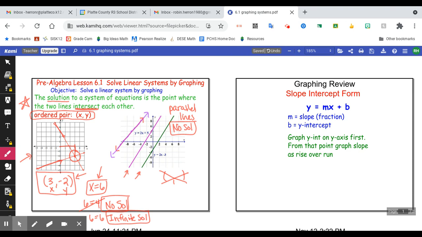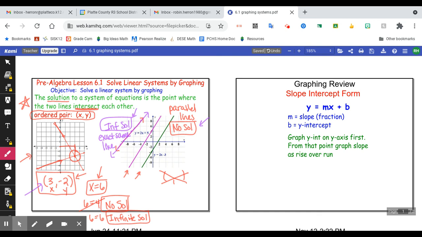Well, if that's the case, those 2 are the exact same line. So the only way to get infinite solutions is when it's the exact same line twice. Okay? So you're either going to have one answer where they intersect, no solution if they don't intersect at all, or if they intersect all the time and they're the same line, then we have infinite solutions.